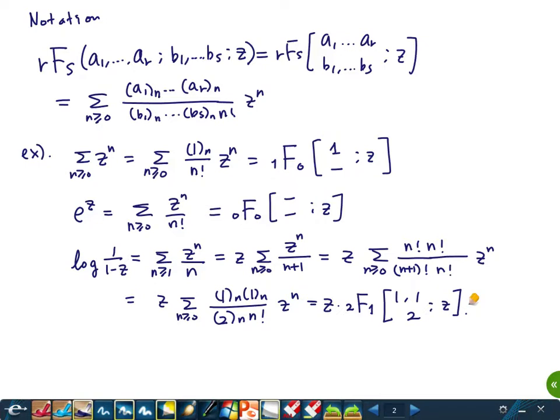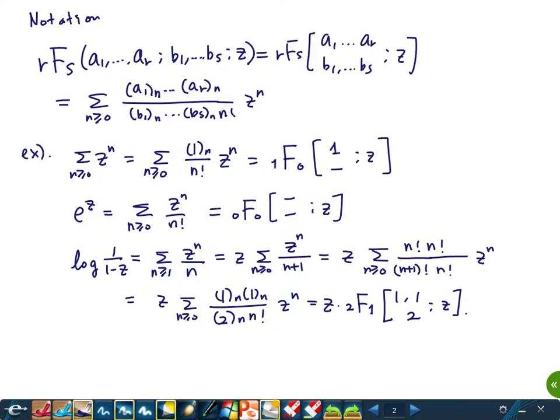The log function can be written in terms of the hypergeometric. There are several things that you need to remember, but if you use those things, it is quite routine to translate a series in terms of a hypergeometric series, and you don't really need any clever idea to do this. You just apply what needs to be applied.